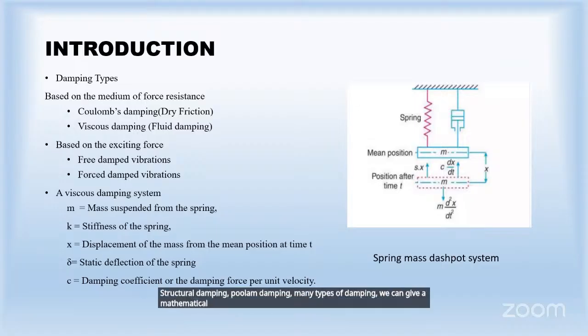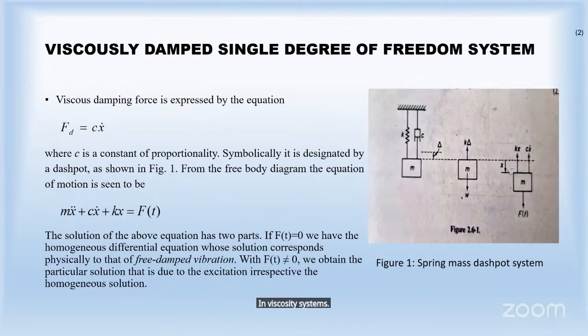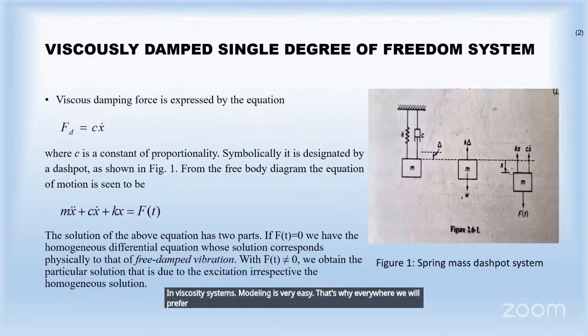In viscously damped systems, the damping is provided by a viscous fluid. An ideal example is a piston-cylinder arrangement, where a piston moves in a cylinder surrounded by viscous fluid. In viscously damped systems, modeling is very easy. That's why we prefer this type of damping everywhere.